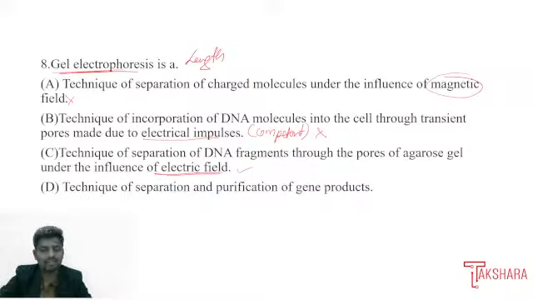We separate the DNA fragments with the agarose gel, so the correct statement about gel electrophoresis is option C. Lastly, check the technique of separation and purification of gene product. Purification and separation of gene product is related to the concept of downstream processing. So here option C will be the correct one. Okay, so question number 8, option C.